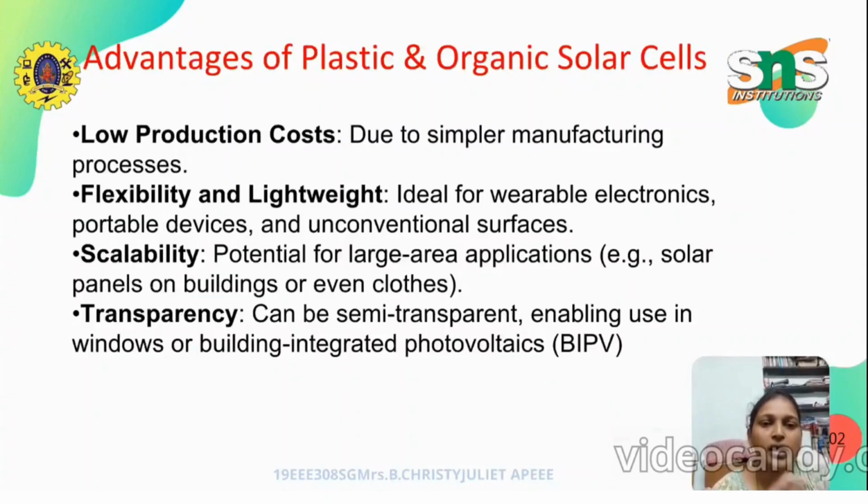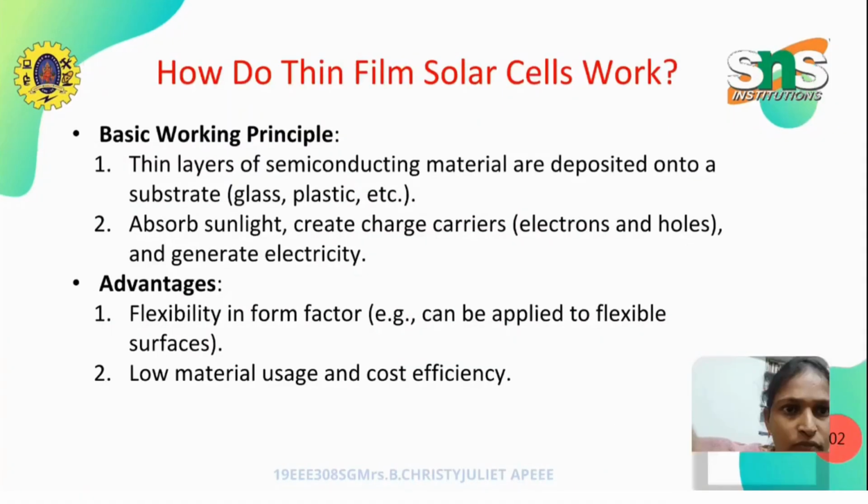The other advantages are low-cost production. Because of its simpler manufacturing processes, it is very cost effective, and also it is very much perfect for wearable electronics. And because of these kinds of innovations in the production of solar cells, there are more possibilities for power generation even from a single device.